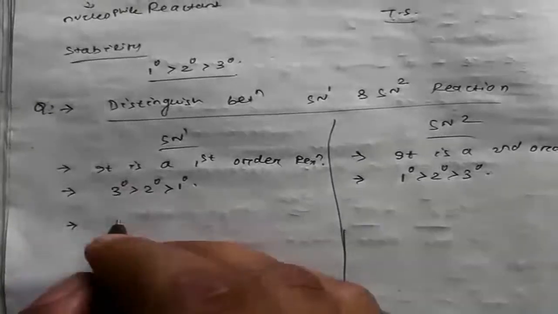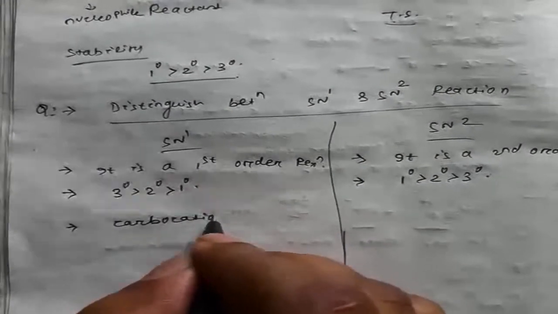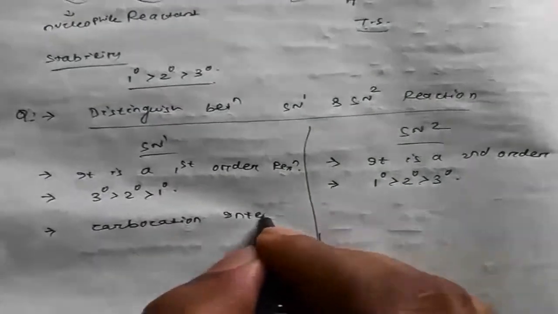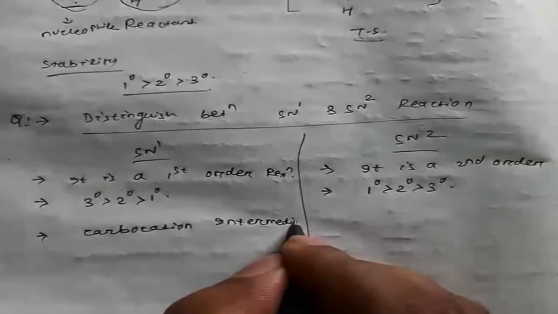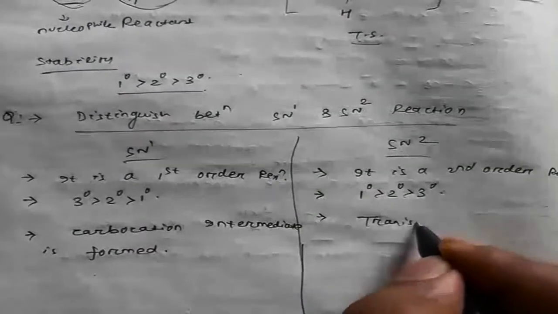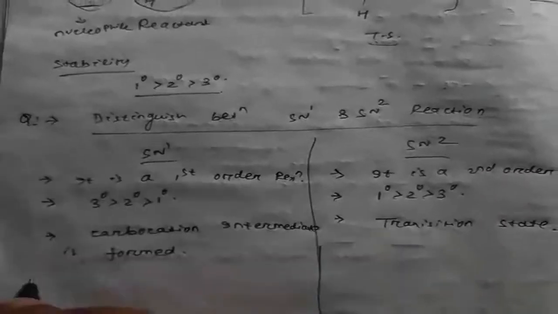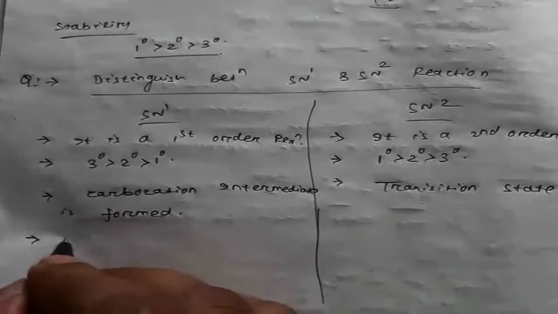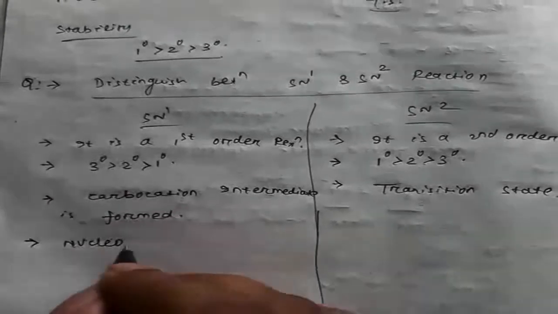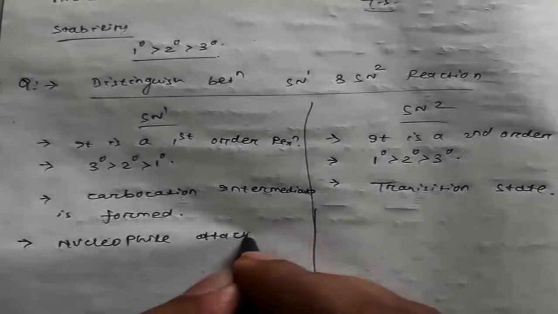In SN1 reaction, a carbocation intermediate is formed. But in SN2 reaction, it is followed by a transition state. In SN1 reaction, the nucleophile attacks from either side, both front side and back side.